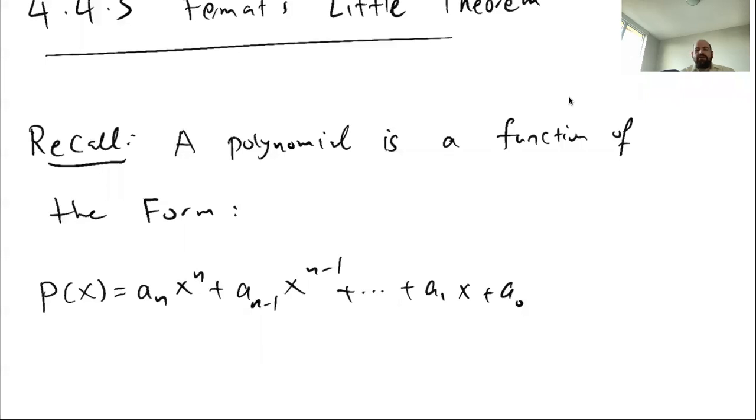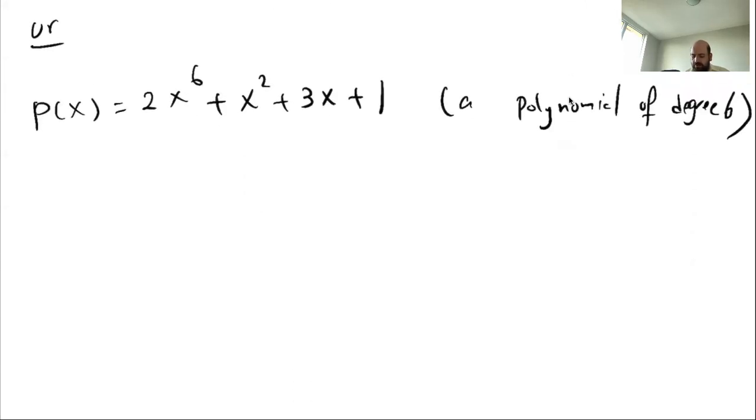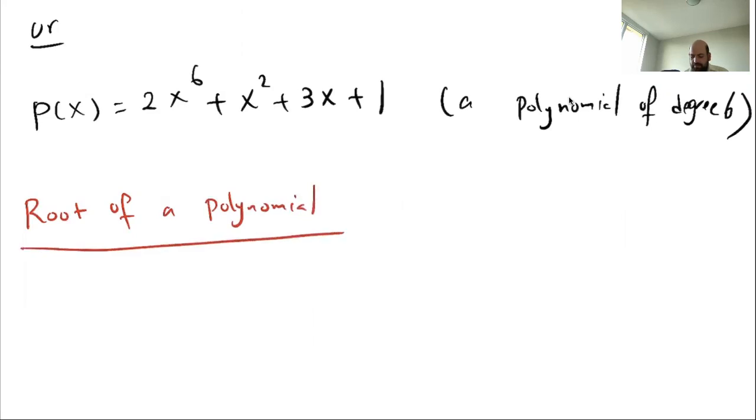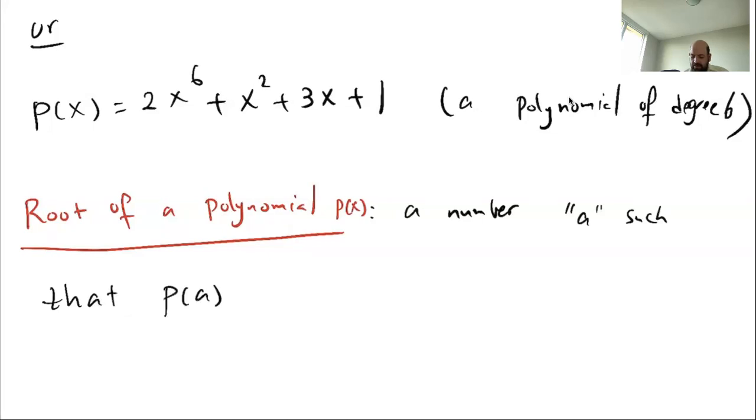Okay, now what is the meaning of a root of a polynomial? Root of a polynomial, again, is another concept that we have seen in high school and in pre-calculus. A root of a polynomial, let's say P of X, means a number a such that P of a equals 0, right?